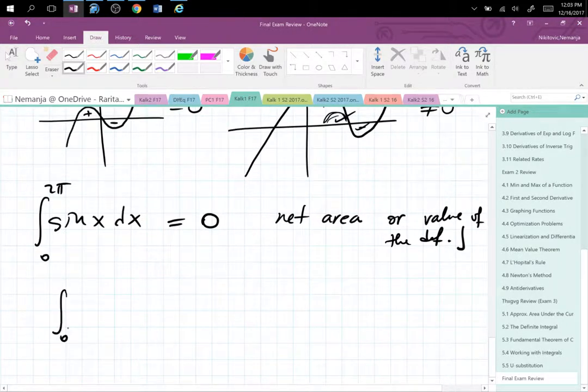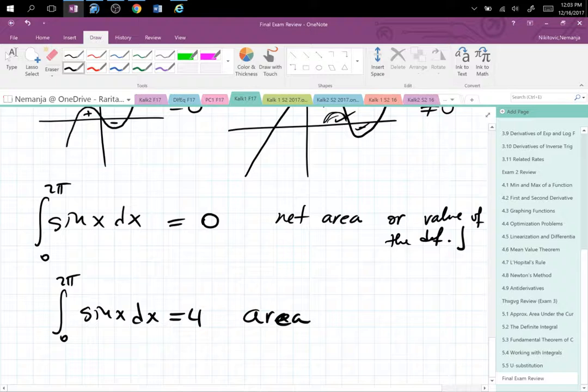But you also have this case, when it equals 4, we just say area. So if I say find the area under the curve, then you are playing the game of absolute values and everything else, making sure that you have every piece that you can color accounted for.